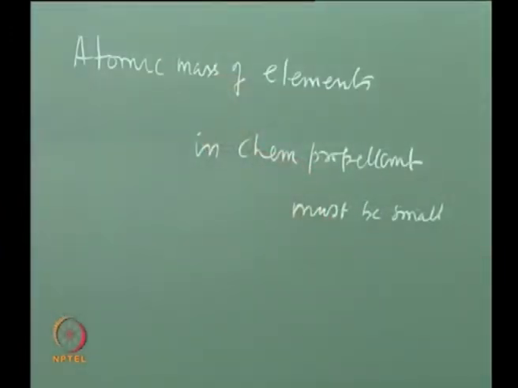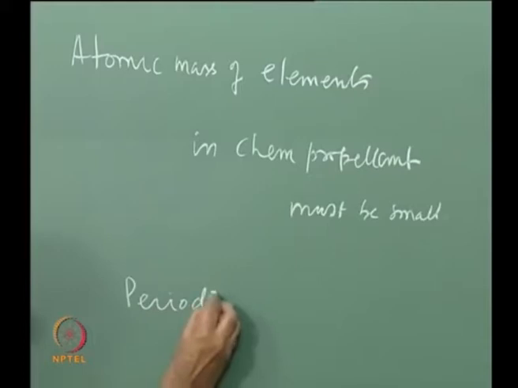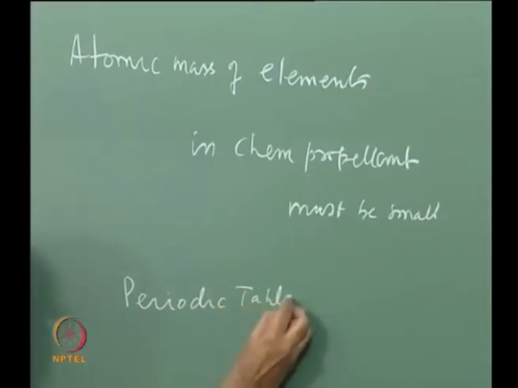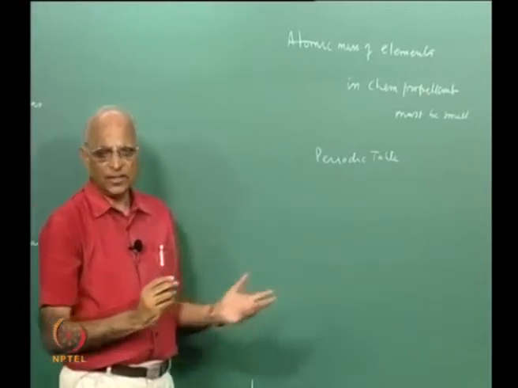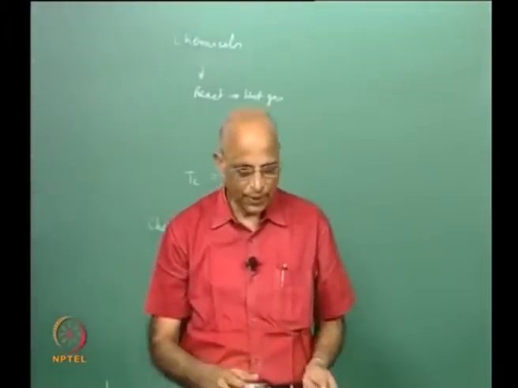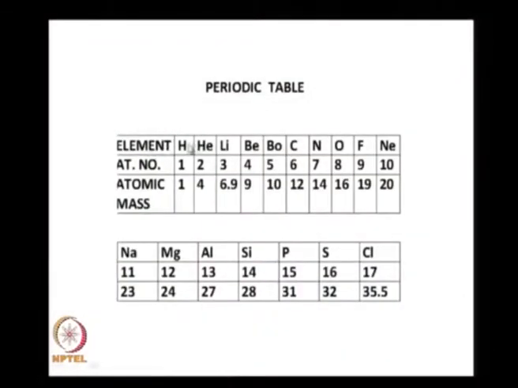Therefore, let us take a look. In chemistry, we have what is known as a periodic table, and what does the periodic table do? It arranges all the elements in terms of their atomic number, and this is what we will first take a look at. Let us say this is the periodic table given over here. You have elements starting with an atomic number of 1, the atomic mass of hydrogen, whose atomic number is 1, is 1.